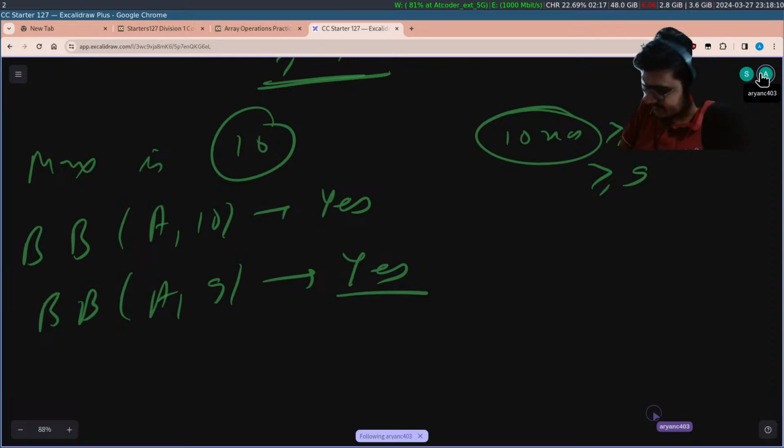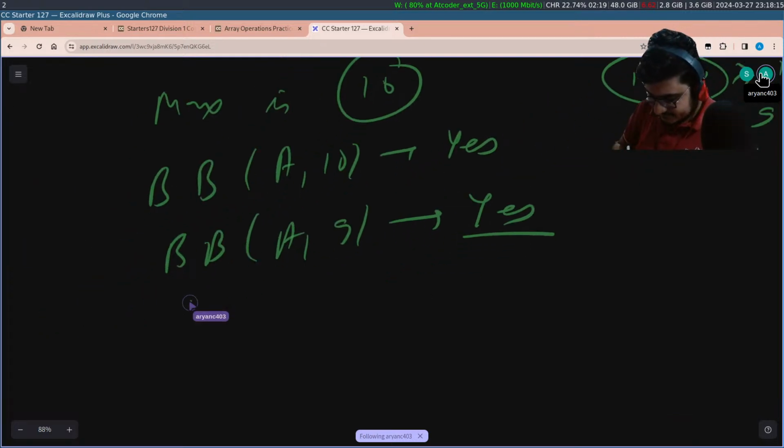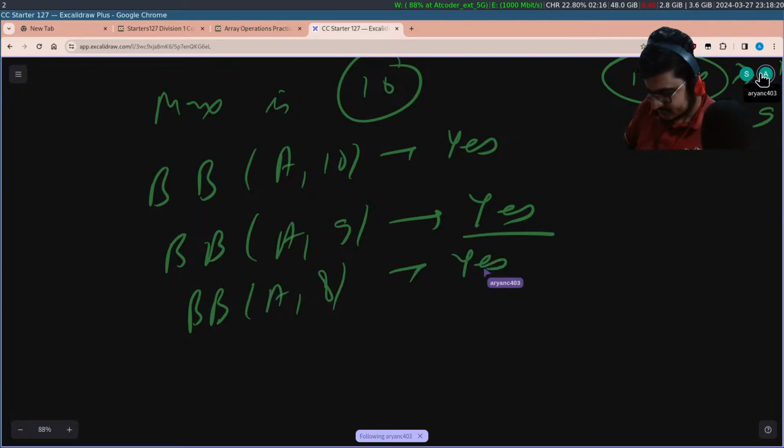Similarly, black box(A, 8) would also return yes.